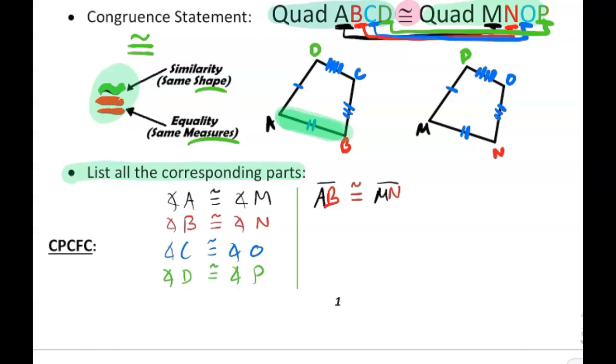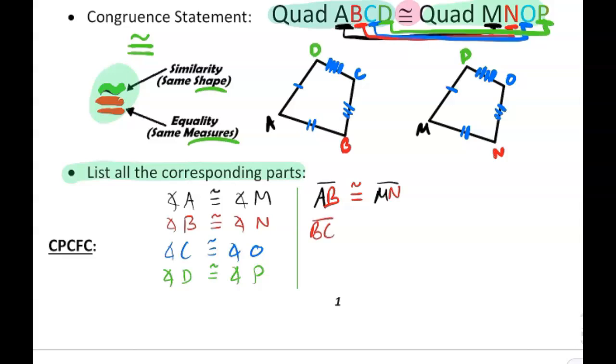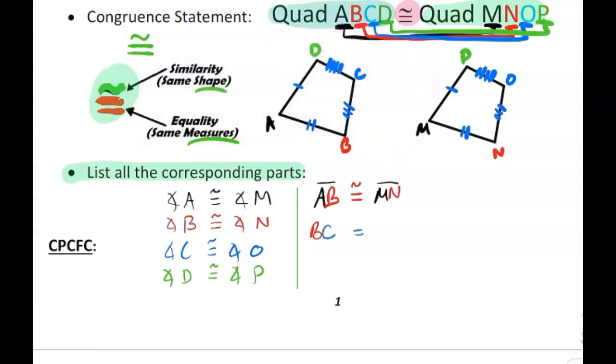Segment AB is congruent to segment MN. So 2 letters make up a segment, start and finish. And then I have segment BC being congruent to segment NO. Right, so I have BC and NO are congruent.